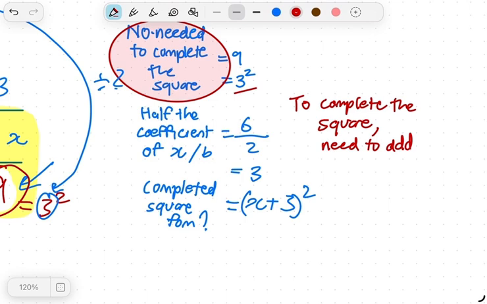Well, if you go read other examples, you realize the number needed to complete the square is always half the coefficient of b, half the coefficient of x, which is b, squared, which means 3 squared. So in essence, that will be b over 2, squared.